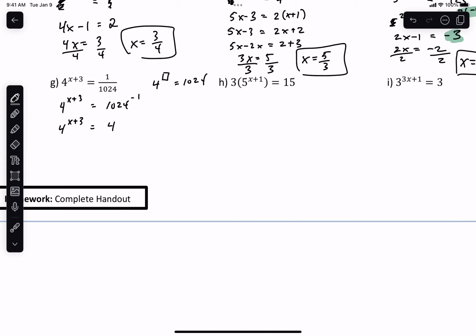How about you tell me if I'm right or wrong? Could you not take the 4th root of 1,024? Yeah, probably. No, because it's to the negative 1. It doesn't matter. The negative 1 we'll deal with in a sec. I only care about the 1,024.